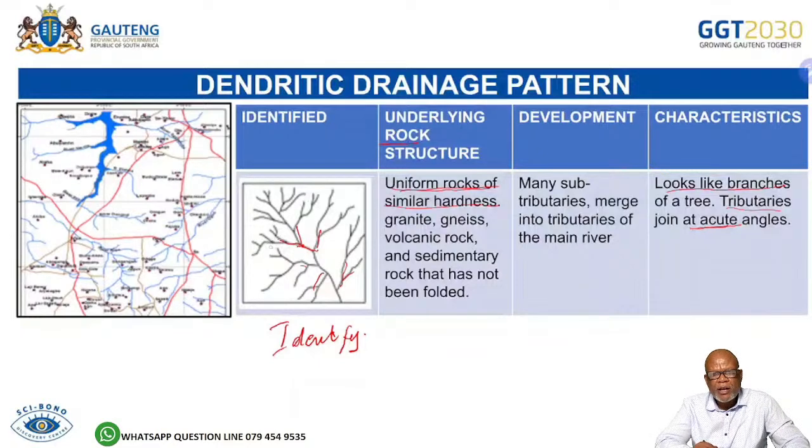There is no place where the rocks are eroding faster and in other places the rocks are eroding slower. So it can be granite, it can be gneiss, it can be volcanic rock. These rocks will have the same igneous characteristics, or it can also be sedimentary rocks of the same characteristics. It cannot be sedimentary rock followed by igneous rock, followed by metamorphic rock, because those rocks will have different characteristics. So it must be rocks of similar characteristics, or they can be folded.